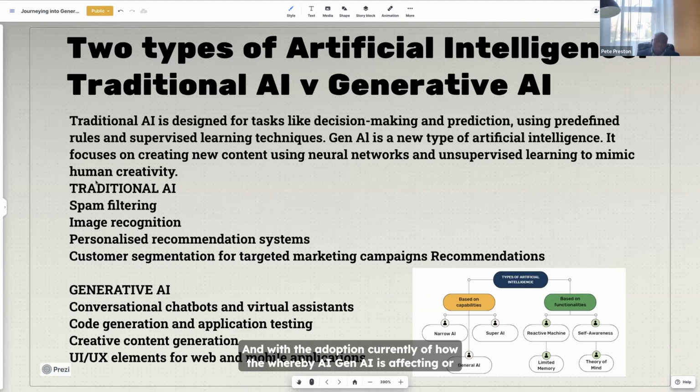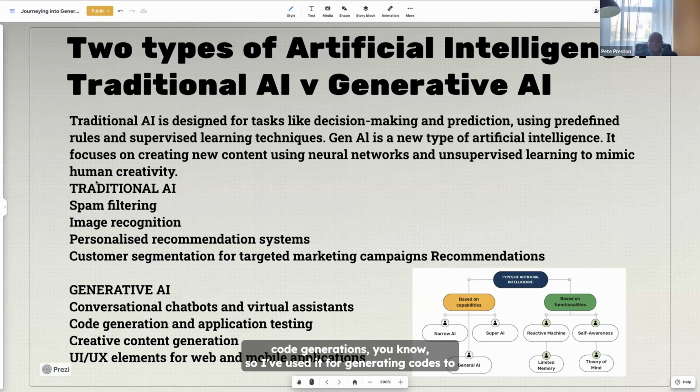With the current adoption, Gen AI is affecting pretty much every part of pretty much any industry, and you can attest that its uses and positive sides are possibly larger than the negative sides, and it does have negative sides.